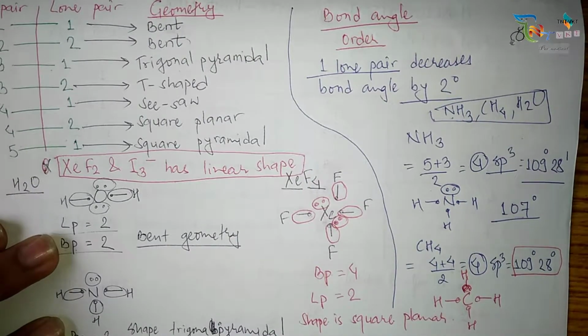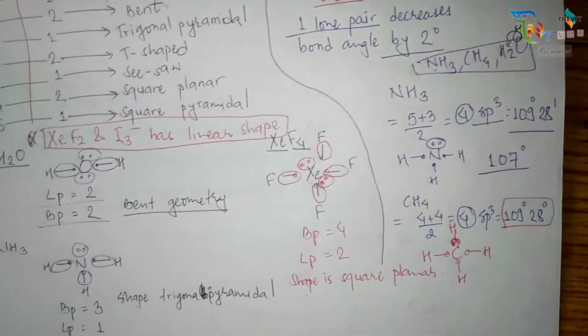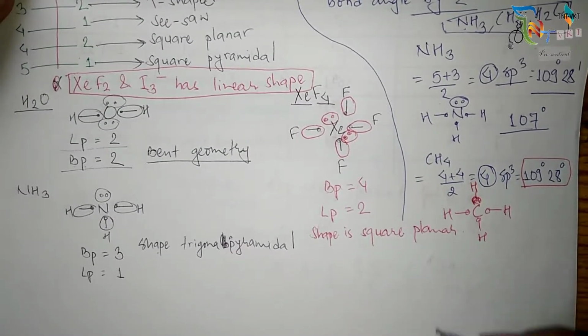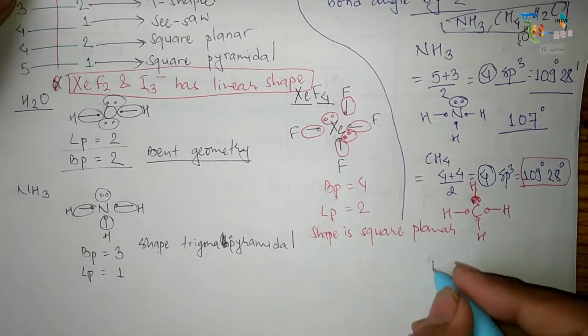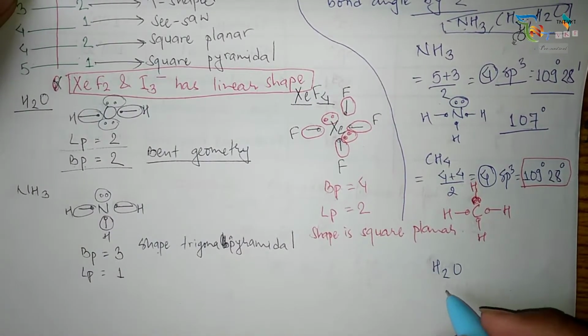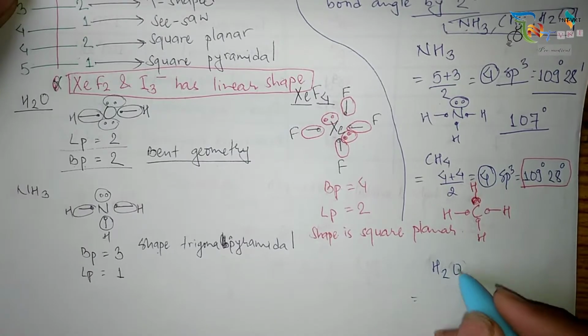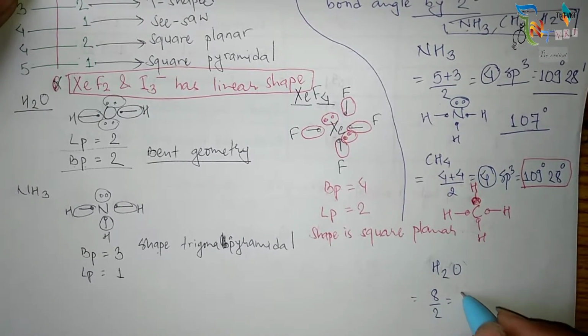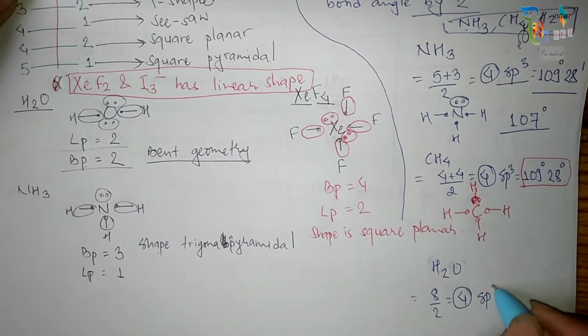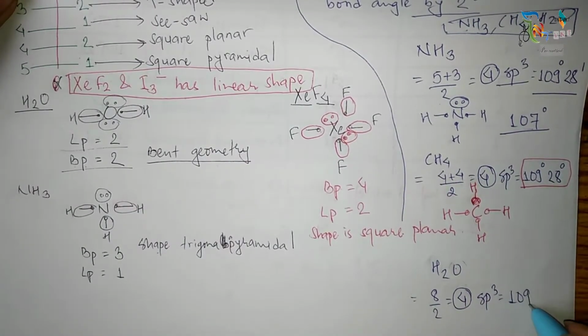Now finally water, H2O. Oxygen has 6 in its outermost shell plus 2 is 8, divided by 2 is 4, which is also sp3. It would give 109 degrees 28 minutes.